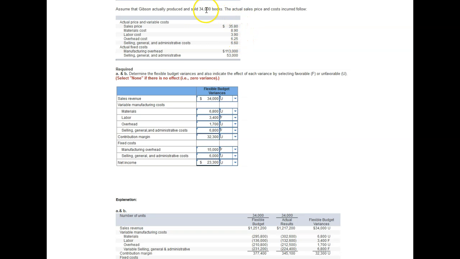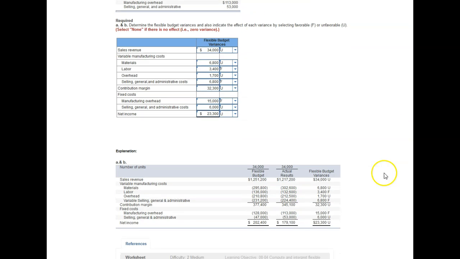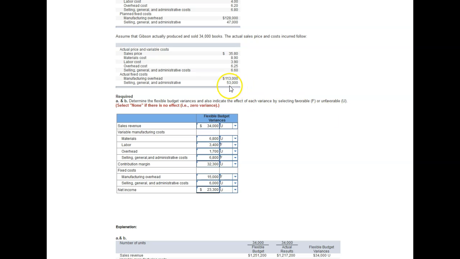So 34,000 units times each of these numbers will give you your revenue and your 4 variable costs. Once you find that, take revenue minus all your variable cost, that gives you contribution margin. Then for the fixed cost, find out what your actual fixed costs were.